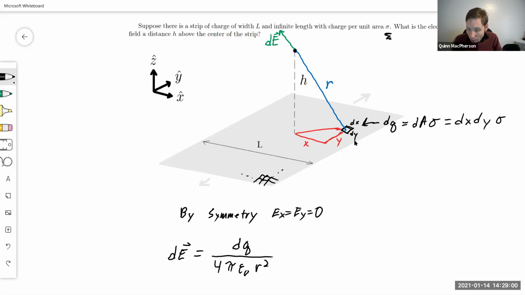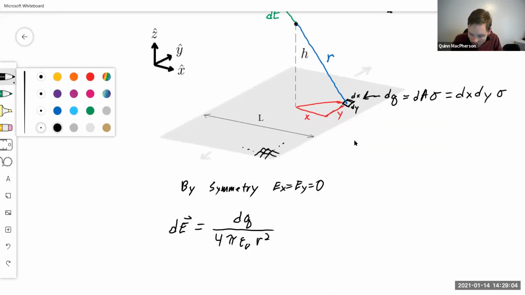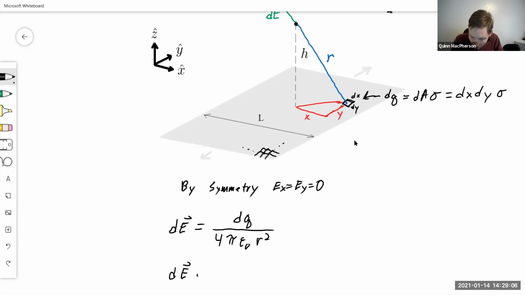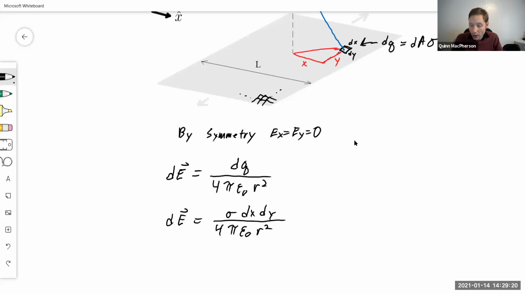So we can rewrite this as dE is equal to sigma dx dy over 4 pi epsilon naught r squared, like so. Actually, I need to put an r hat over here because I need to get the direction, which is critically the next piece.